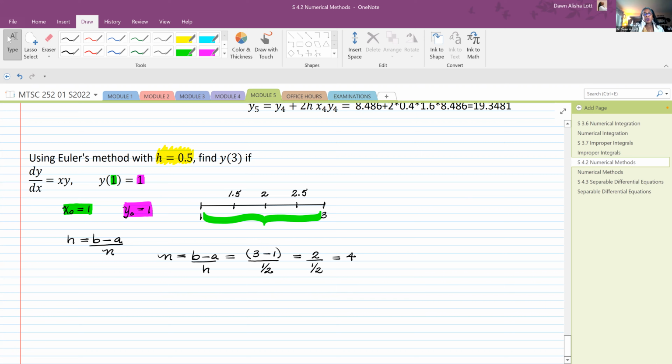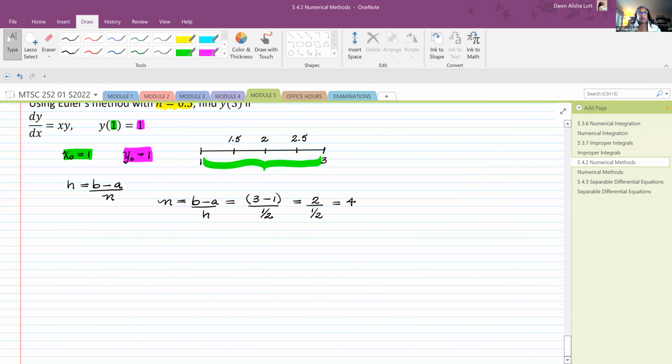So the way I would do my chart now is just that. Here's n, here's x, and here's y. When n is equal to 0, x is 1 and y is 1. I know I need to go 1.5, 2, 2.5, 3.